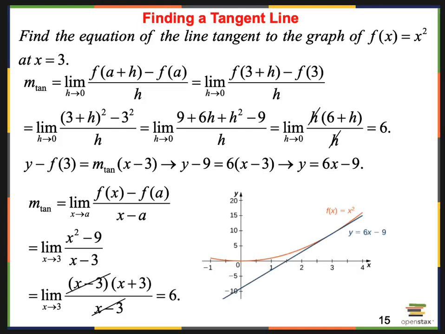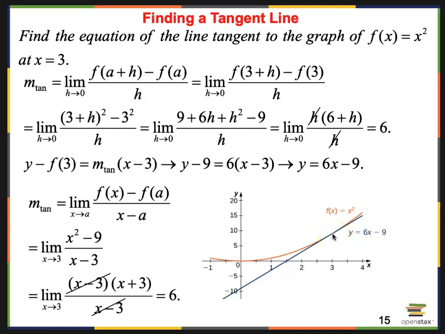And we can look here at a parabola. So we have the limit of x squared minus 9 divided by x minus 3 as x approaches 3. So what's going on as x approaches 3 right here? There's that tangent line.